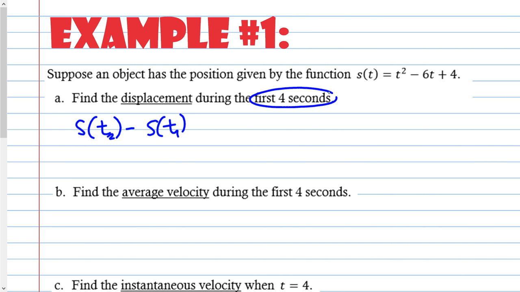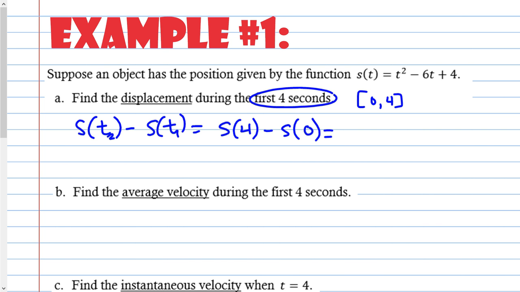The first 4 seconds means from 0 to 4 seconds. So those are my x's. So for displacement, I'm going to take my position function, plug in the 4, and then subtract whatever I get when I plug in the 0.